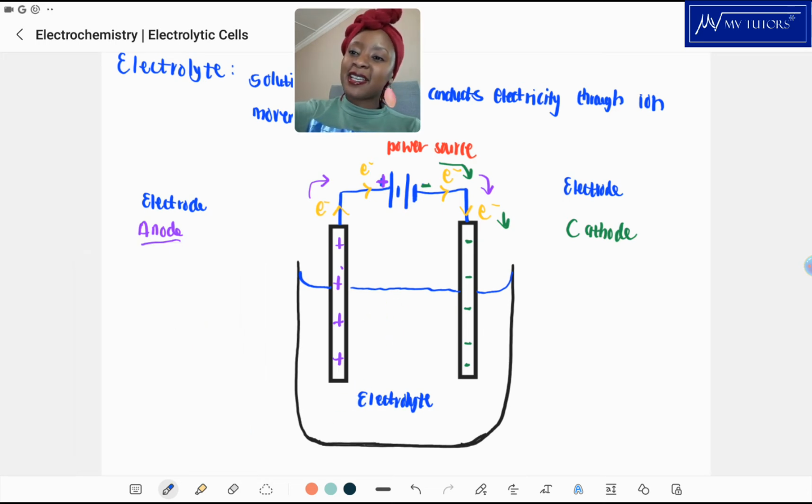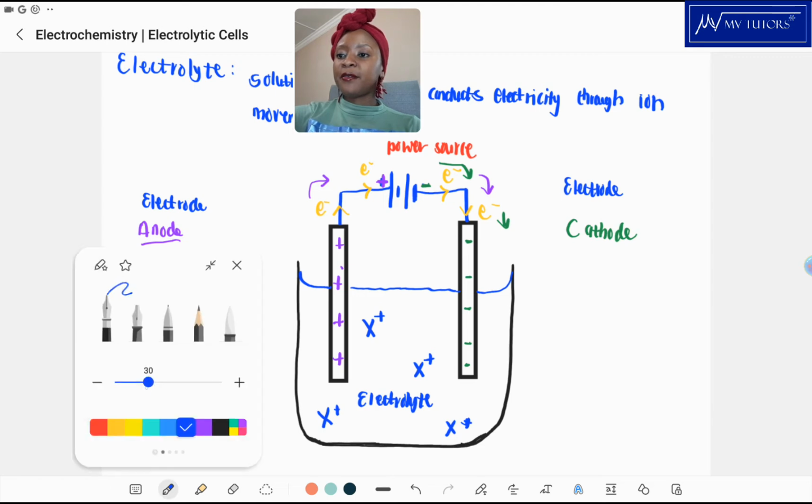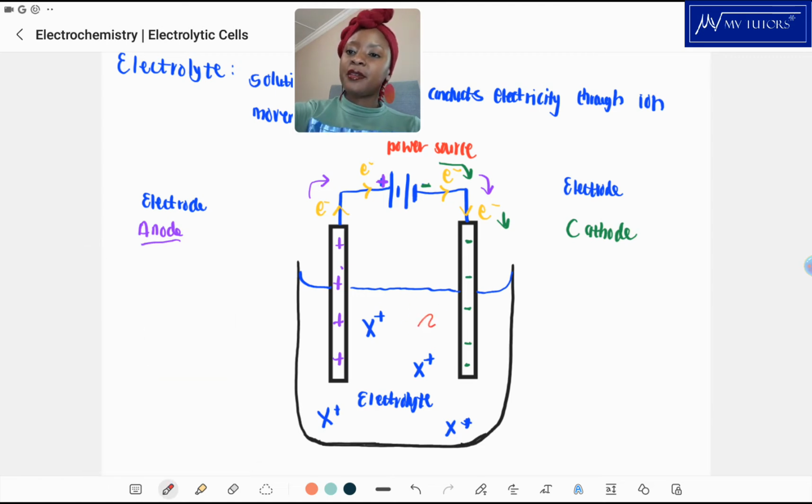I'll put the x's as positive, so you have your ions in there, and then you have your other ions that are negative. The positive ones we call cations, and the negative ones we call anions. So this forms part of the electrolyte. When you have this ionic solution, it allows the flow of electricity, so it conducts electricity quite well.